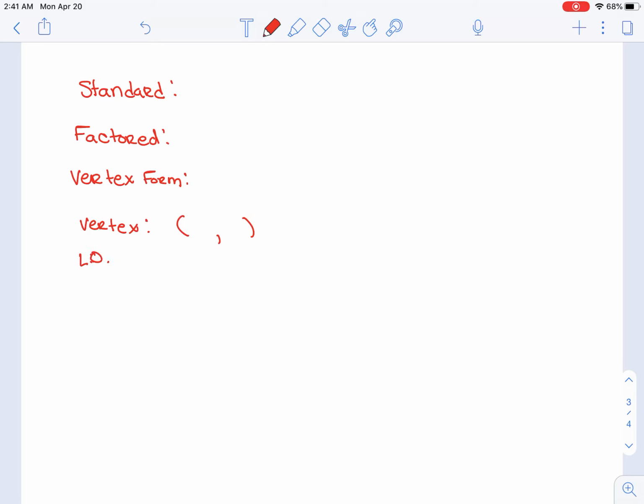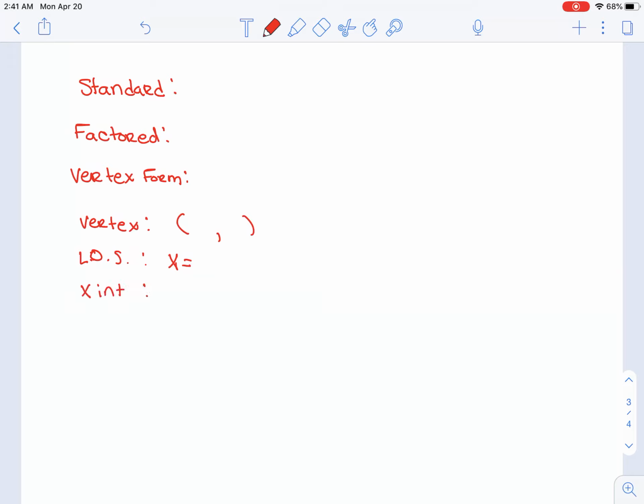The line of symmetry or the axis of symmetry, that's going to be an equation, always an x equals. The x-intercepts, the y-intercepts. Is it concave up or down? And then I'm going to ask you to draw it.